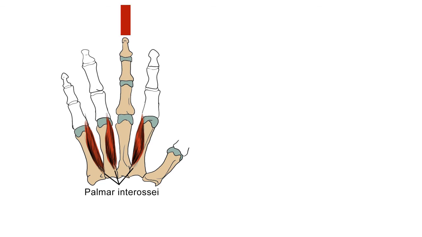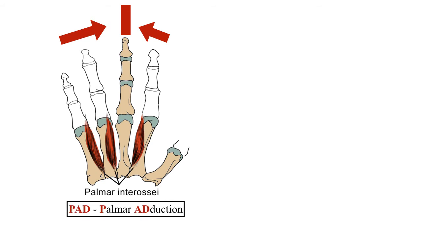In the hand, the middle finger is taken as the midline, and the movement of other fingers towards the middle finger is called adduction, and palmar interossei causes adduction. Remember the mnemonic PAD, P for palmar, AD for adduction. So palmar interossei causes adduction, that is movement of other fingers towards the middle finger, and this is tested by card test, which I will discuss later.